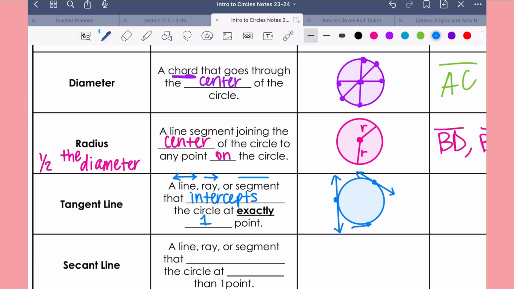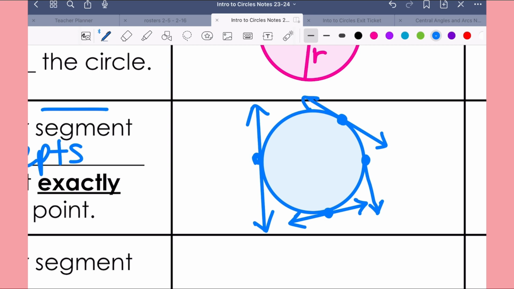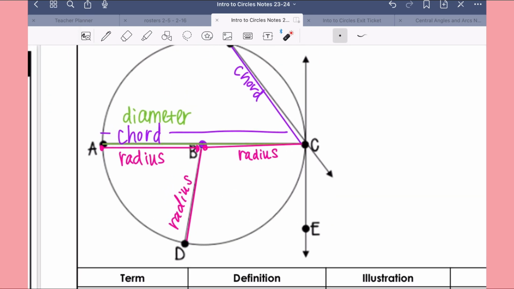It could be on the bottom, anywhere, okay? And again, it could be a ray as well. So if we have 1 point here, a ray only extends to one side, so it could be like that as well. This one right here. Okay, so who is a tangent line on my diagram?